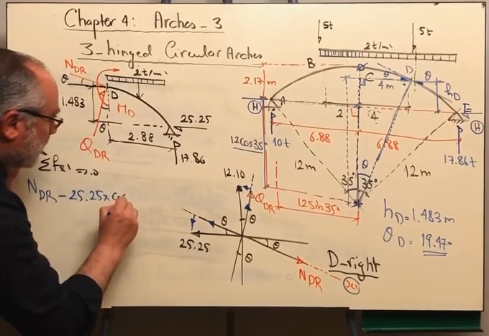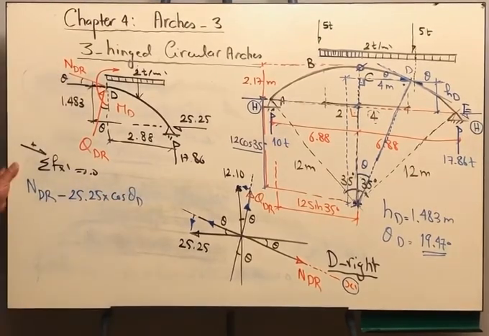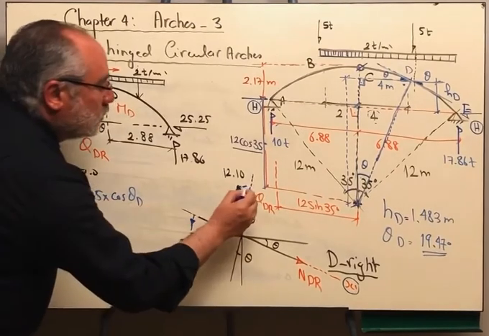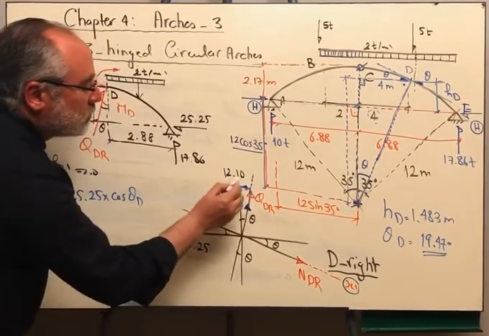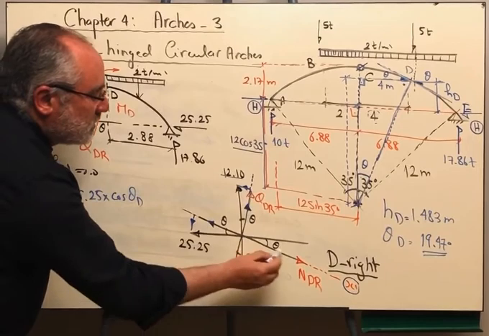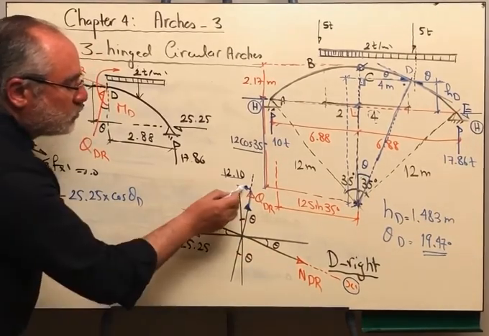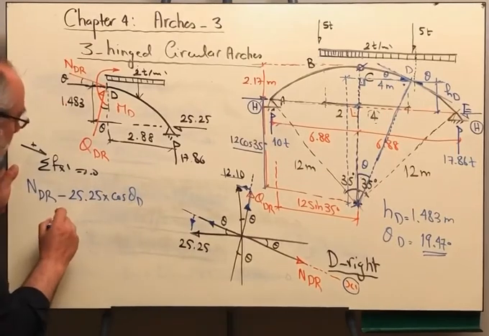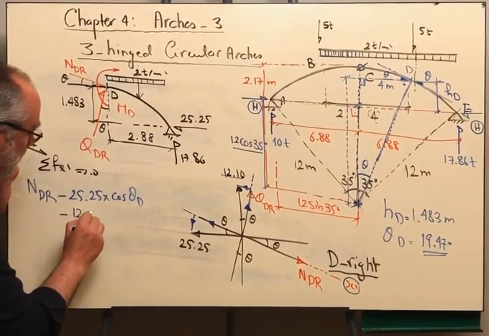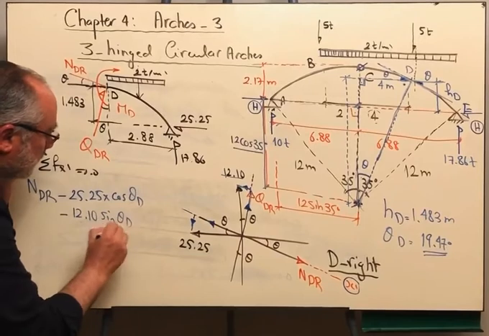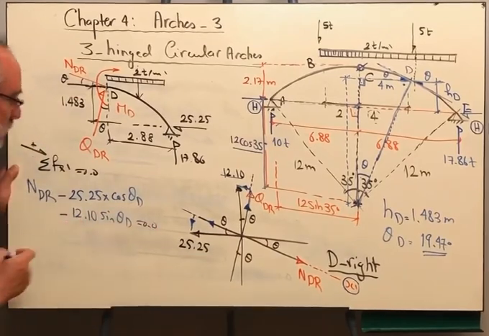25.25 times cosine theta, and also the component of the 12.1 in this direction will be opposite to the positive x prime direction, and it will be 12.1 sine theta minus 12.1 sine theta, D is equal to 0.